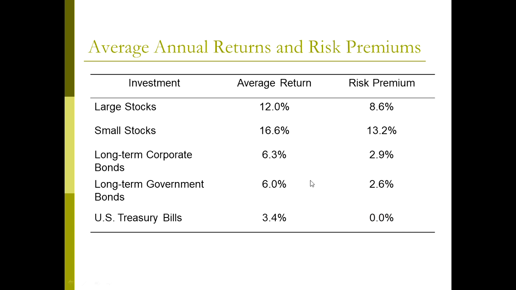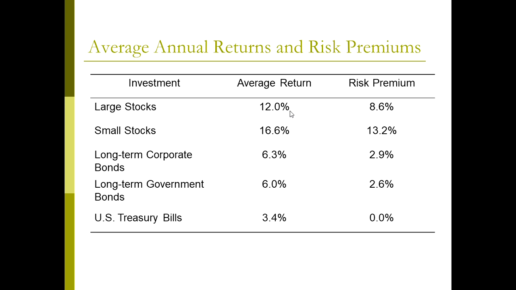Okay, go back to the previous table. Now let's calculate the risk premium of each investment asset. US Treasury bills pay 3.4% over the long period, which means this is a risk-free return. Without worrying about anything, 3.4% is the return you are guaranteed. Although large stocks offer you a 12% return, there is risk.